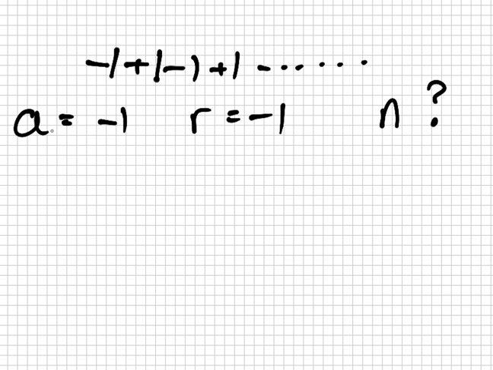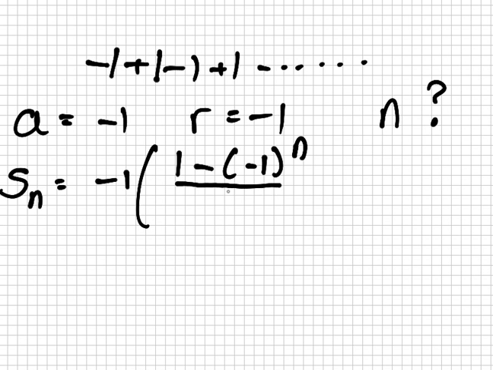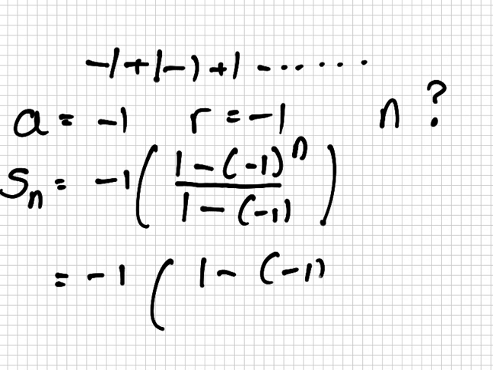So the formula is Sn equals A(1 minus R^n) over 1 minus R. That will be minus 1 times (1 minus (minus 1)^n) all over 2, isn't it?